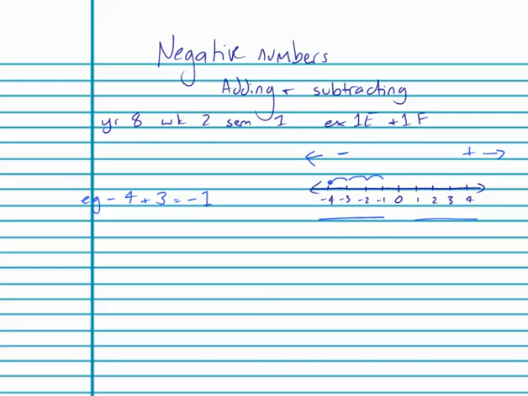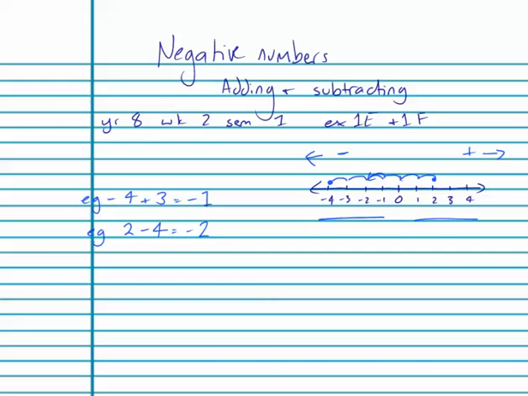If I had to subtract a positive number, so for example, I needed to do 2 minus 4, I'd start at 2 and I'm doing minus a positive, taking away 1, 2, 3, 4, I've got down to -2. Now my number line will get a little bit tricky there.